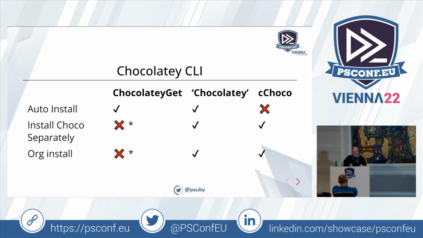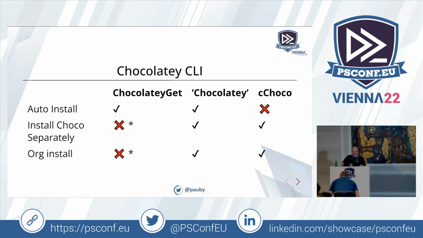We've talked about that. Organization install, which is, can you specify where to download that Chocolatey package from, rather than downloading it from a Chocolatey community repository. Chocolatey Get doesn't, I've put the asterisk there because as far as I can see it doesn't. You just install the provider, there's no options to say, hey, pull the package from here. I could be wrong on that, but I certainly couldn't find a way to do it.